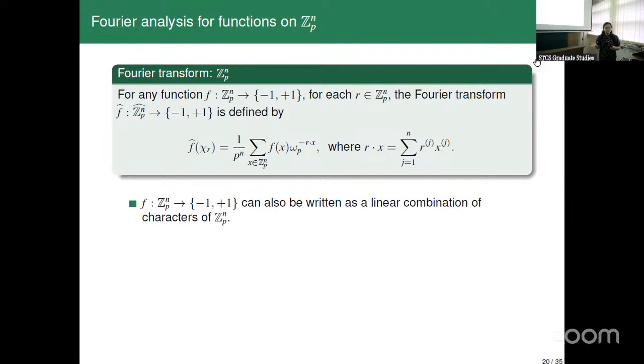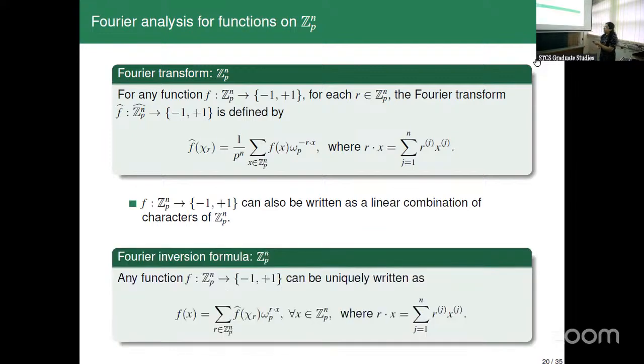It is not only true for Z2^n, it is also true for Z_p^n, and hence for G also. Not only that, they can be uniquely written as a linear combination of these characters, and the corresponding coefficients are called Fourier coefficients.